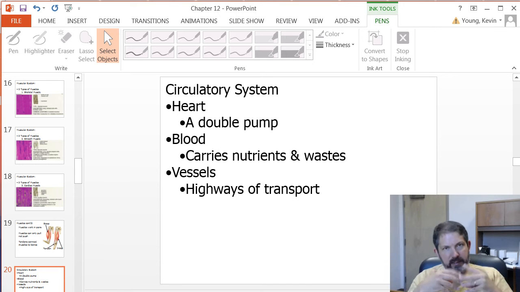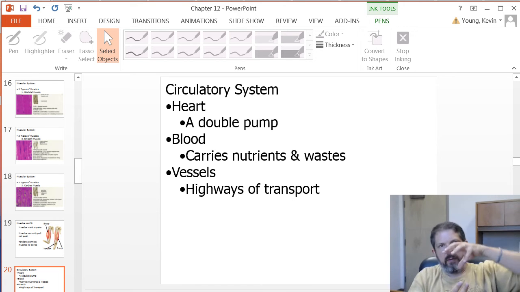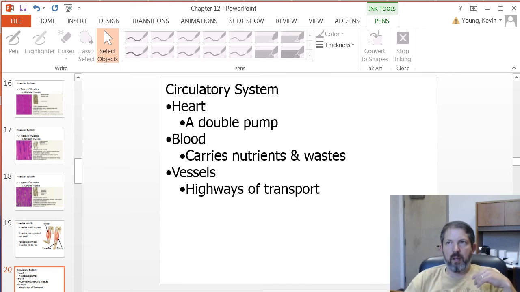And it gets pressurized again and sent to the body. So right side pumps to the lungs, left side pumps to the body. So it's a double pump. Now, in action, the top contracts and then the bottom contracts. But functionally, it's right side, left side for what the double pump is.